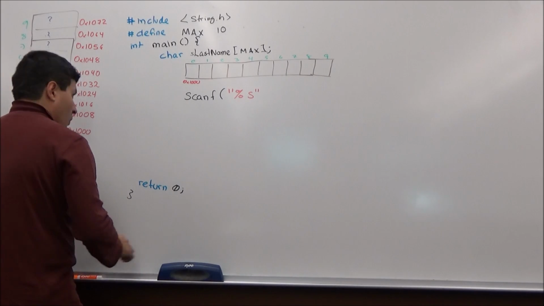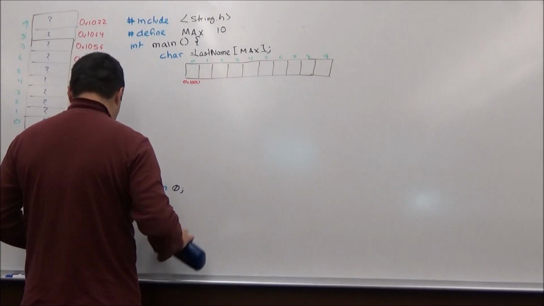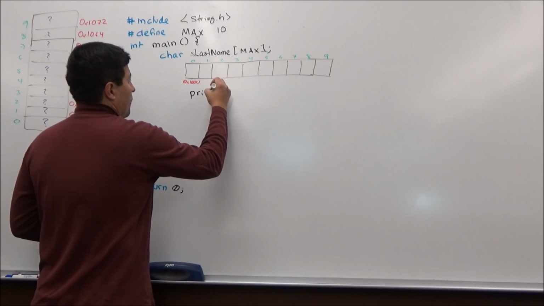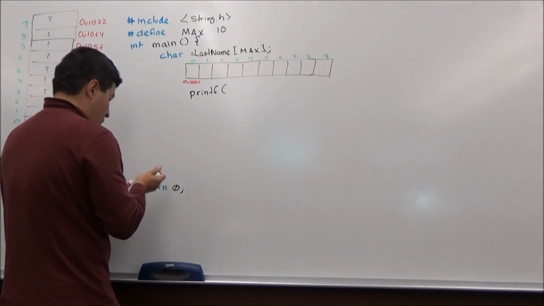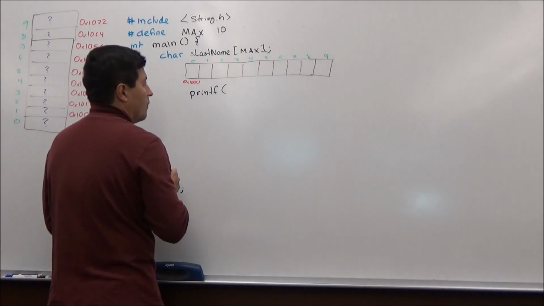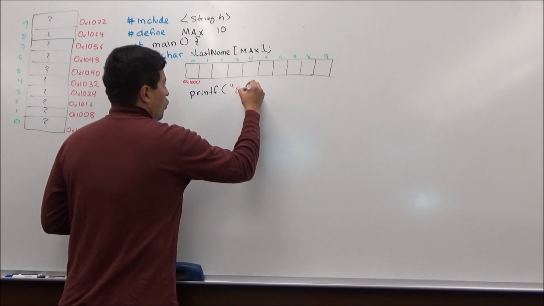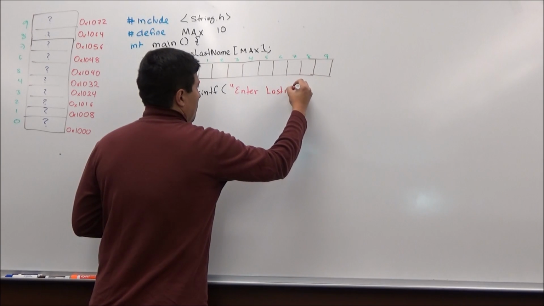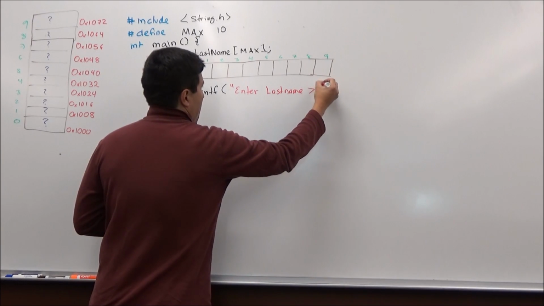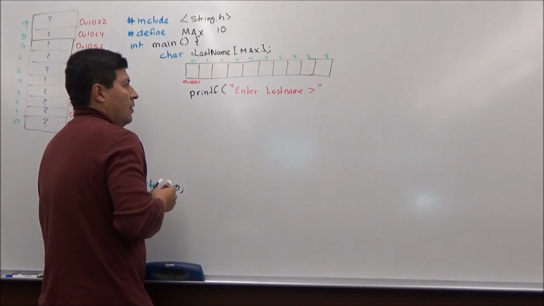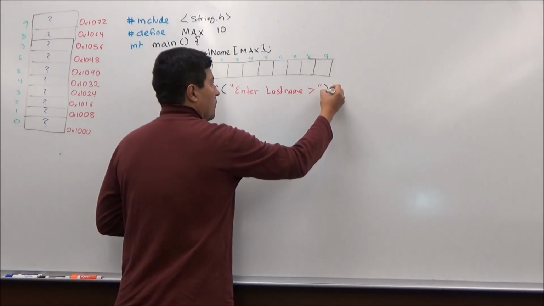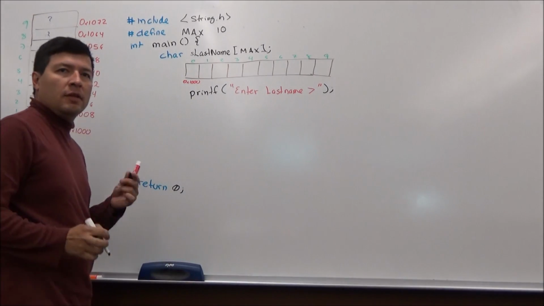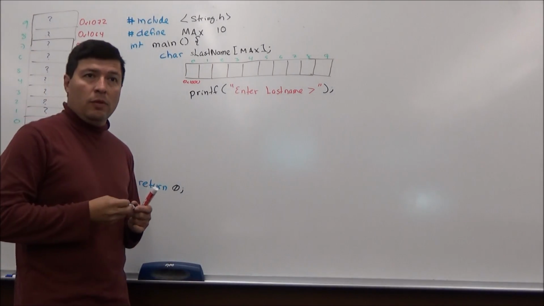So when you do printf, and then you put some text, enter last name. This is a string because we have more than one character. It's an array of characters, and since it's a string, you delimit it with double quotes.